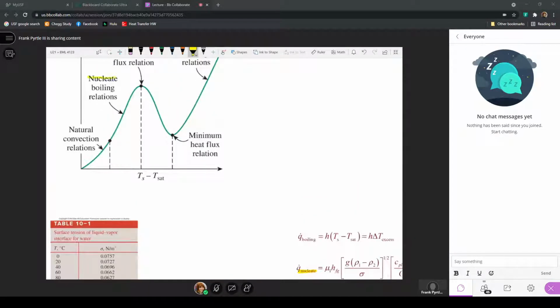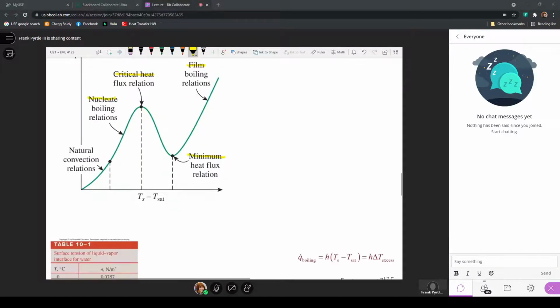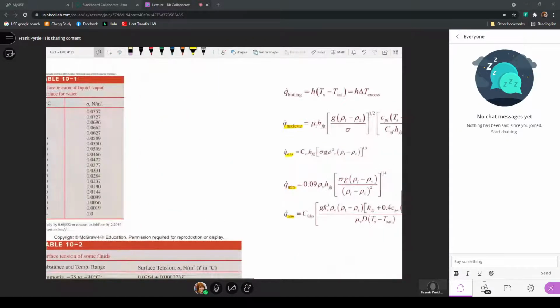So for nucleate boiling, film boiling, the critical heat flux, and the minimum heat flux, we have these correlations here that define the heat fluxes.